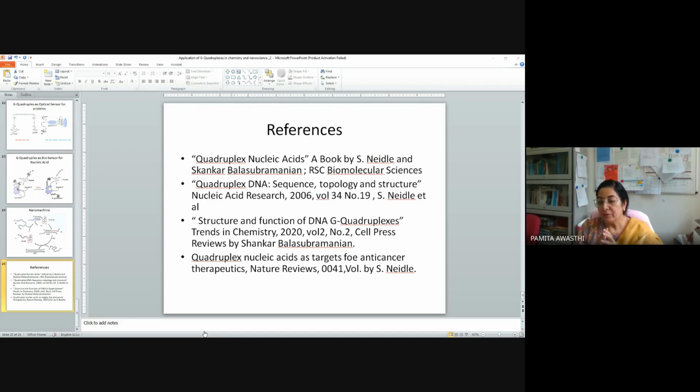For example, FRET analysis has been discussed in detail, how this particular technique is used at an atomic level, at a molecular level. Then we have dimerization, excimer formation, excimer emission, etc. All these things have been discussed. So anyhow, if you have any questions, you can just write to me and I will address that. Thank you very much.